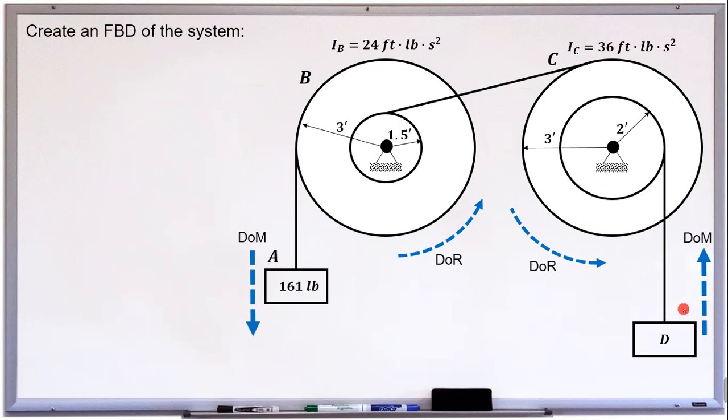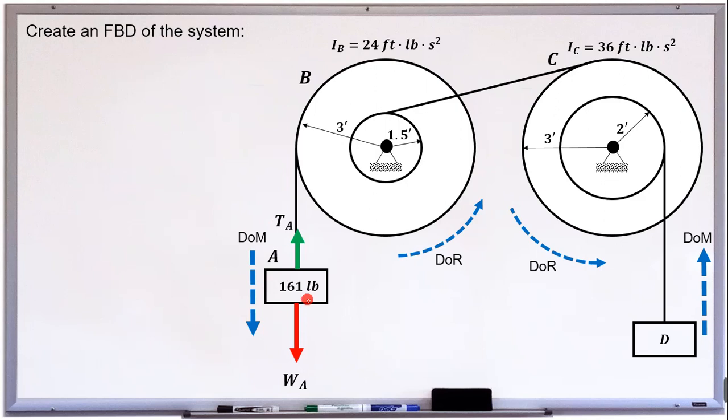So therefore, the direction of motion for block D is upward. Next, we will indicate the external forces, so both external and internal forces in the work's perspective to each of the objects that are present in our multi-body system. Starting with block A.